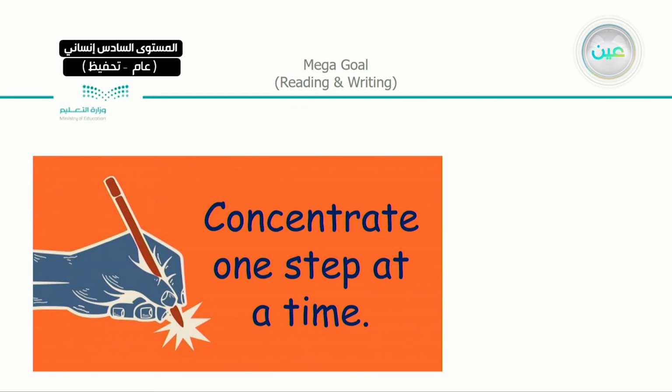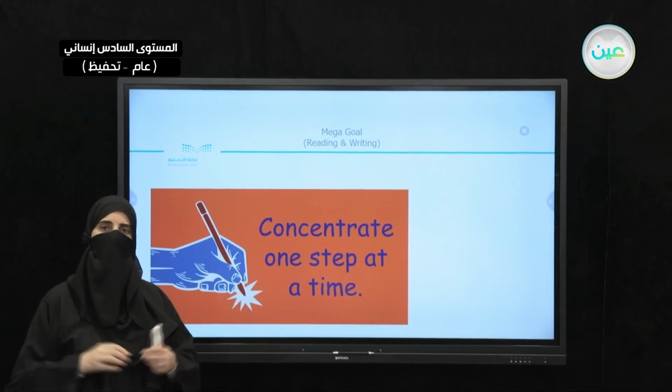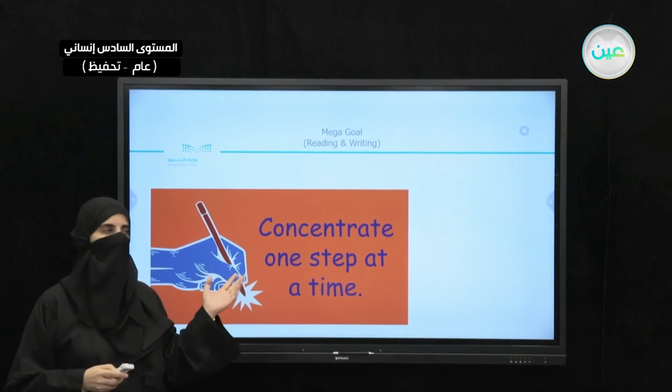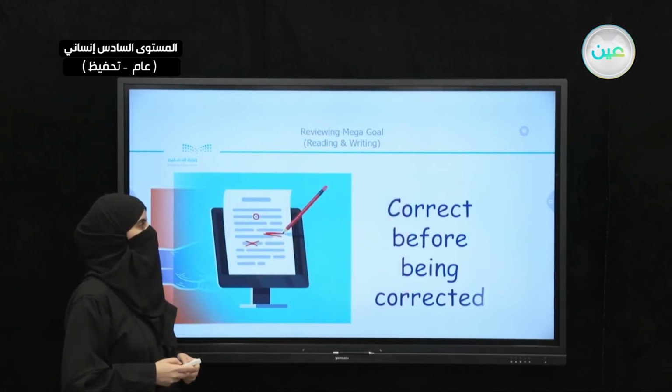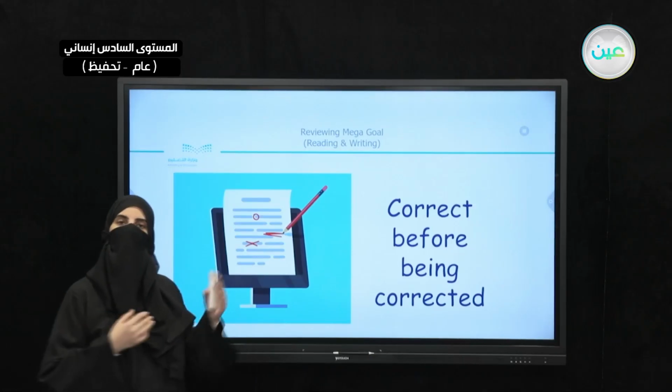Concentrate on one step at a time. Personally, I think that a lot of students struggle with their writing because they do everything at the same time. So first of all, start step by step. Do not just start writing. Try to organize the steps as we said here. And at the same time, correct before being corrected. When you have written your paragraphs or your essay in general, try to correct yourself.